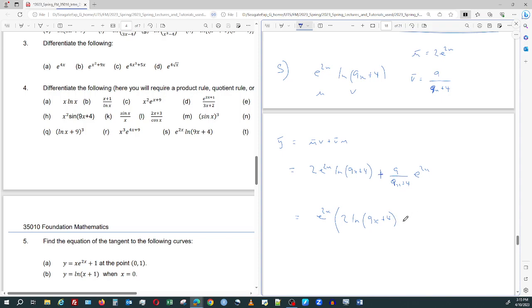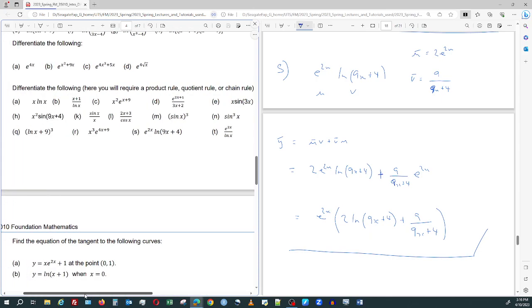And we've got a plus, and we're left with 9 over 9x plus 4, in the bracket. So that's your final y dash.